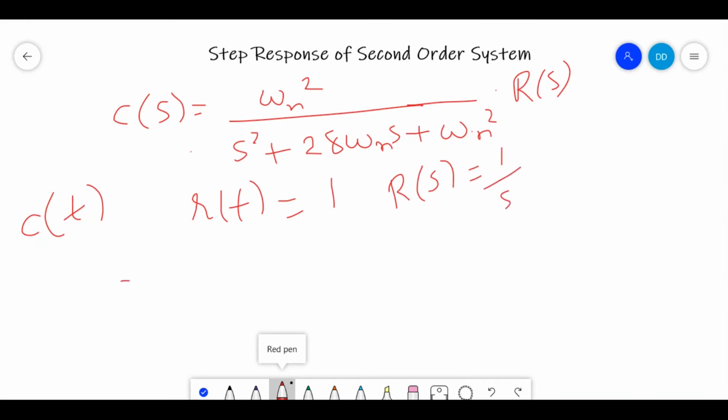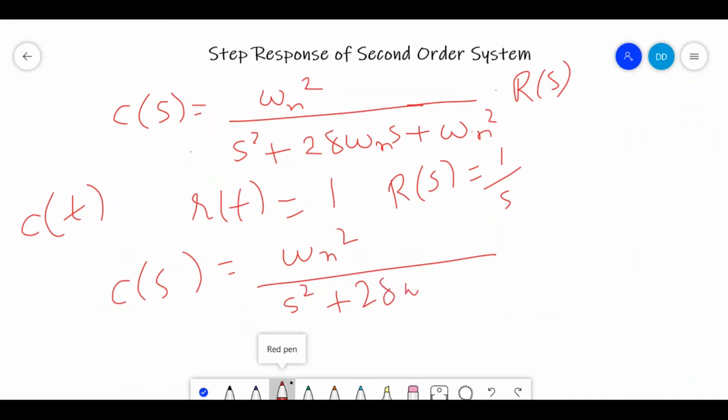So we can write C(s) as omega n square divided by s square plus 2 delta omega n s plus omega n square, into 1 by s. Now we will consider the 4 different cases: undamped, underdamped, overdamped and critically damped.